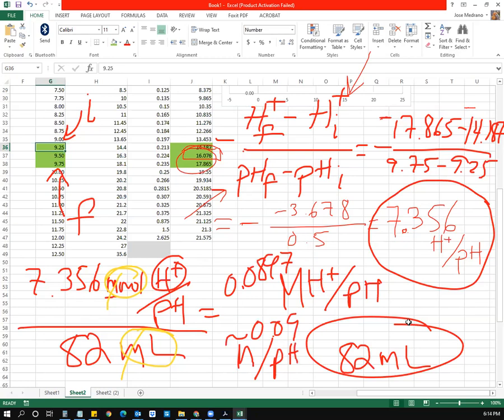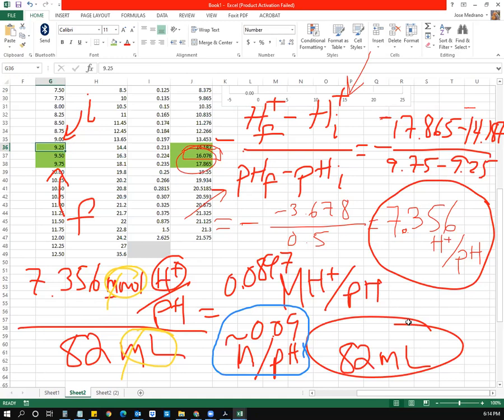It says the exact same thing for buffer capacity as the last theoretical calculation that we did, except this one's a little lower. If you scroll back, the buffer capacity that we had calculated theoretically was 0.111 molar of titrant per pH unit.